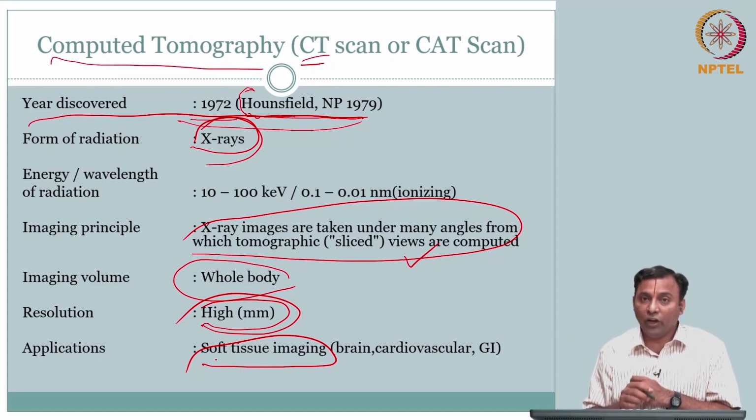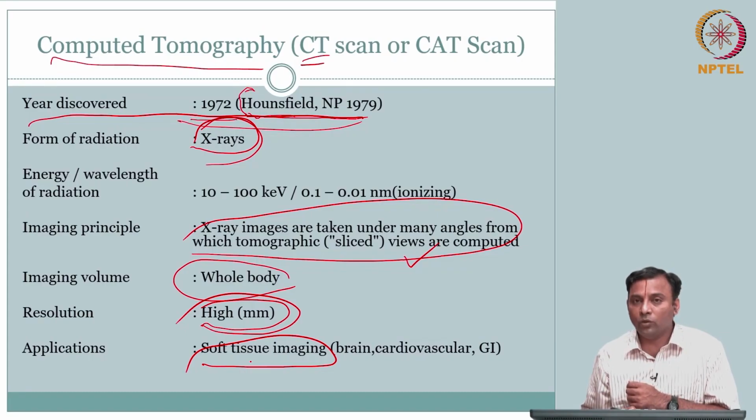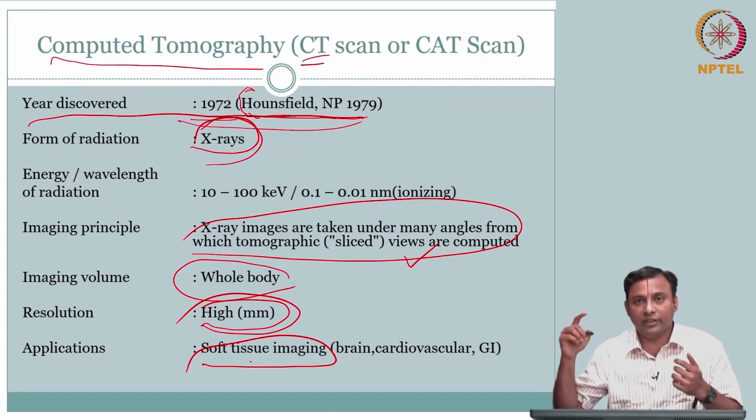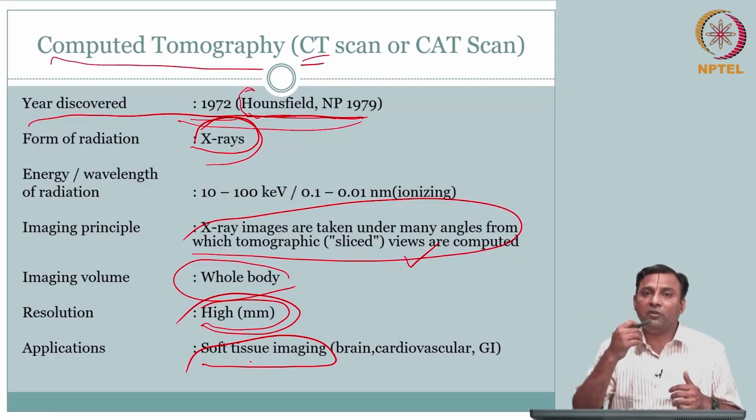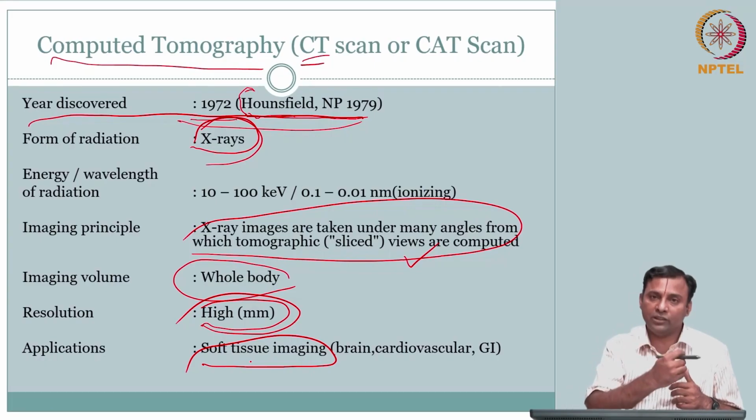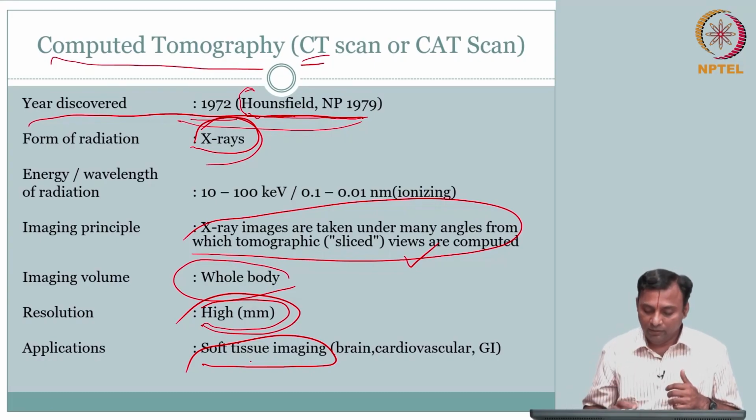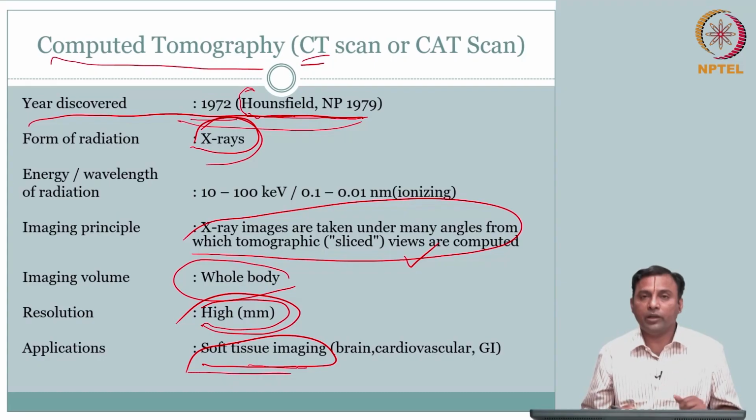Where CT contributes is that it provides good soft tissue imaging. So if I want to not just look at whether there is a bone fracture or a skull fracture, but I actually want to see the different soft tissues, I want to differentiate one soft tissue from the other, then this becomes a very important modality.